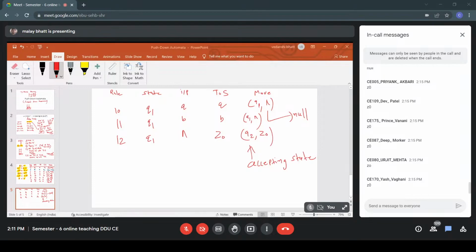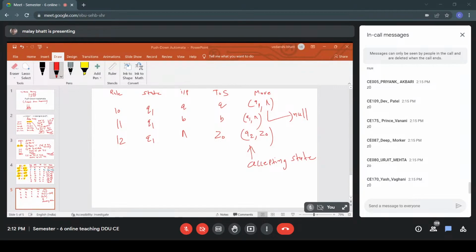So what is the criteria for accepting here? It should be the accepting state, and you must have consumed the whole input. If you have not consumed the entire input, you cannot tell it is a valid input.